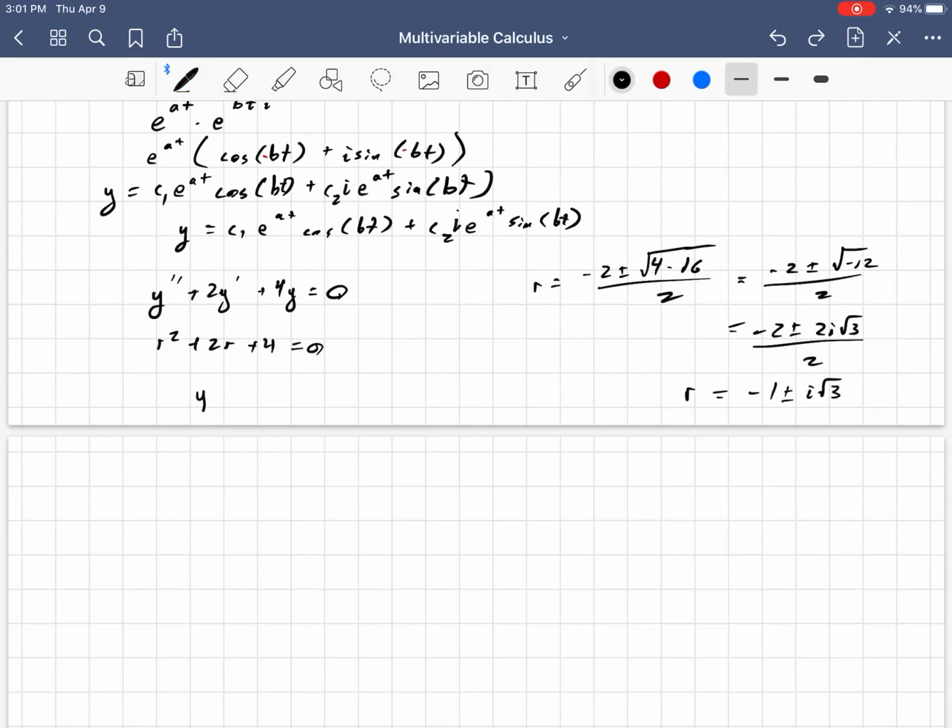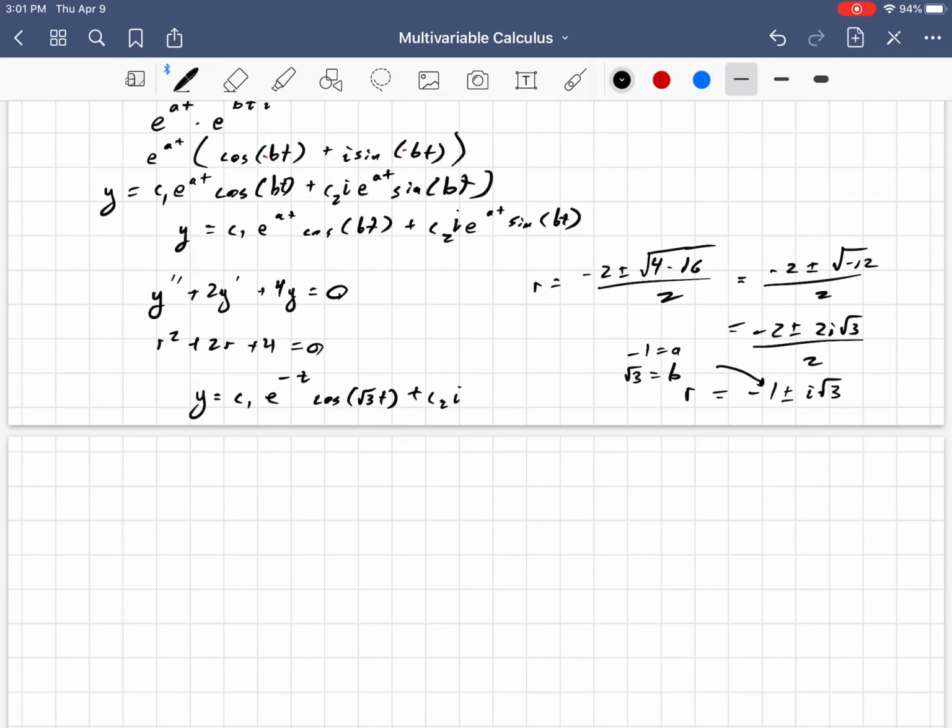Okay, so then the general solution to this differential equation is y equals c sub 1 e to the, now this negative 1 here is the a, and the square root 3 is the b. So this is c sub 1 e to the negative t times the cosine of root 3t.